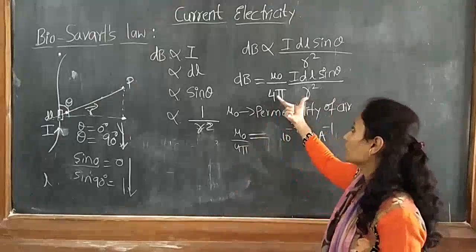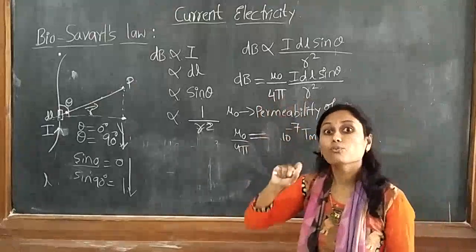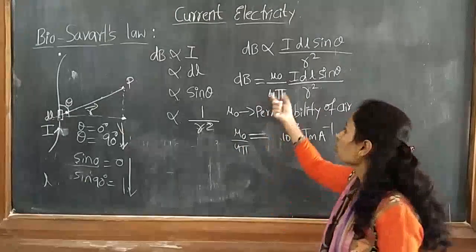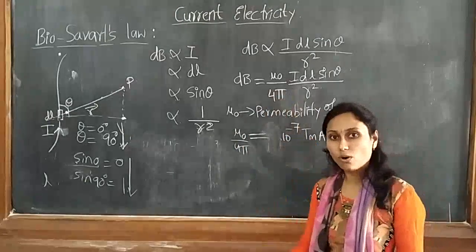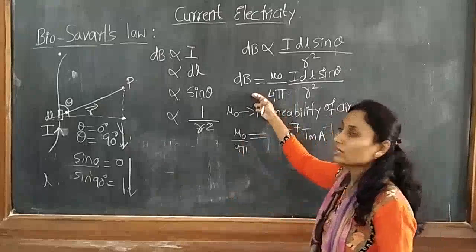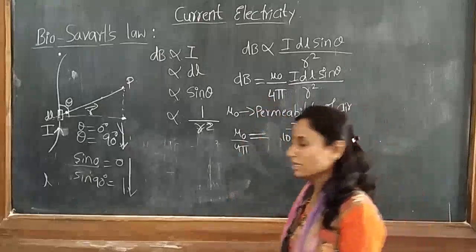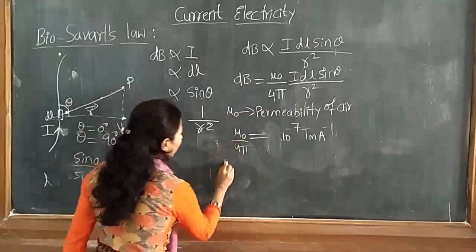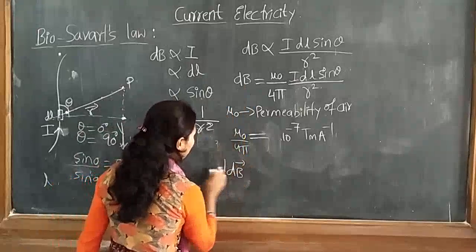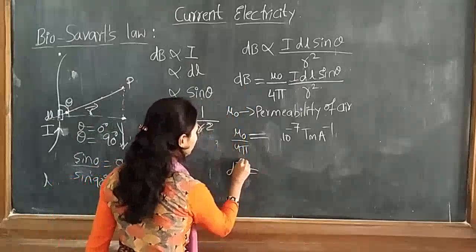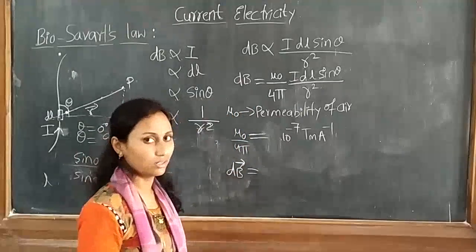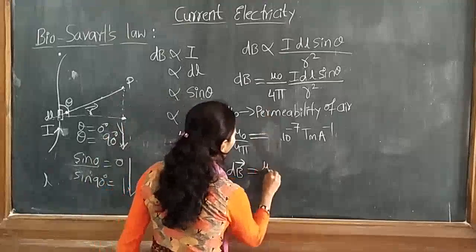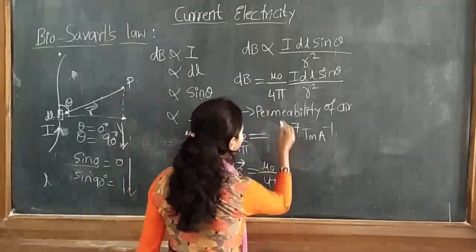Now, if you want to write this equation with the direction, because this is only giving the magnitude, then it will come in vector form, isn't it? So the vector form of the equation, you should write like this. If you show the arrow mark, it means it is showing the direction. dB is equal to mu naught by 4 pi.